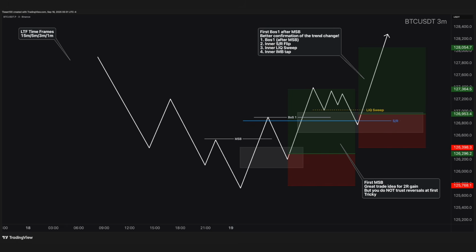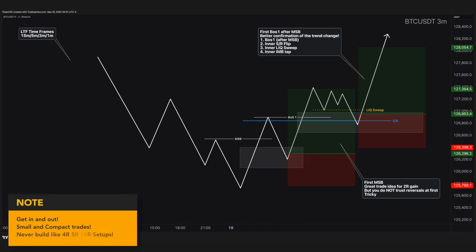At this point, you already have at least 2 highs and 2 protected lows on the chart. And when you combine that with something like an inner support or resistance flip, a liquidity sweep, and clean imbalances, the trade becomes extremely powerful. But still, the goal is always taking small and compact trades. Keep it to a maximum of 2 trades.